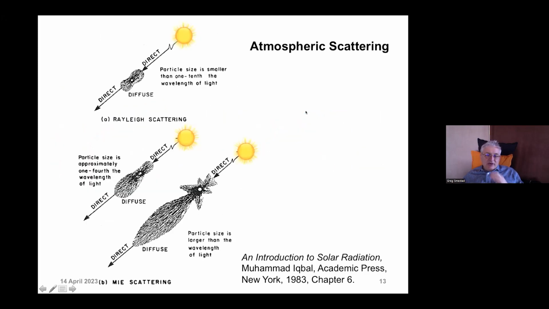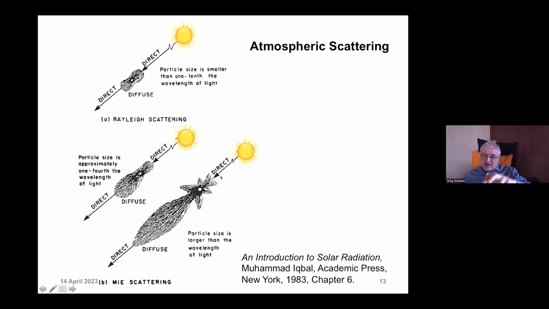Okay, so soiling has different types. We have Rayleigh scattering and we have Mie scattering. You can find this in a very nice book, I think it's also open source, Introduction to Solar Radiation by Muhammad Iqbal, Academic Press, 1983. And he describes the shape of these curves, of course, in the atmosphere.